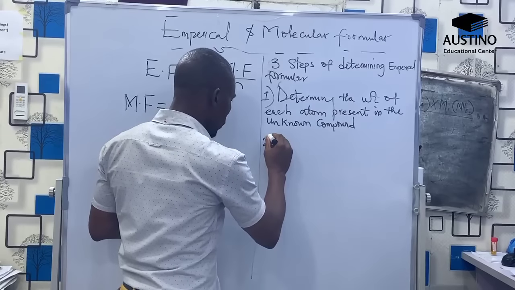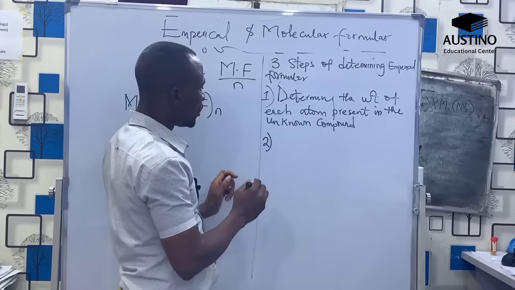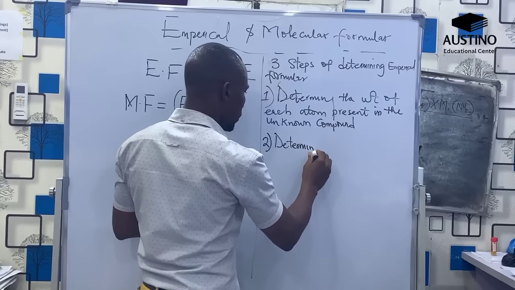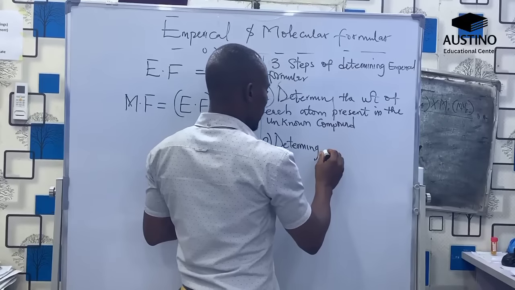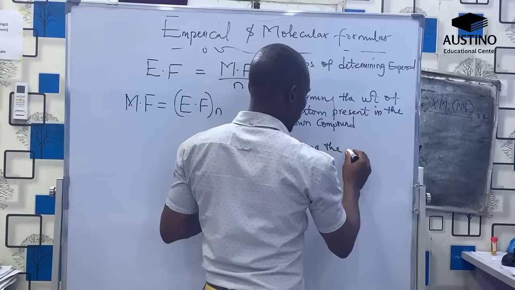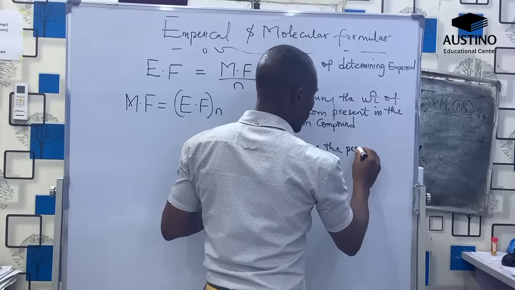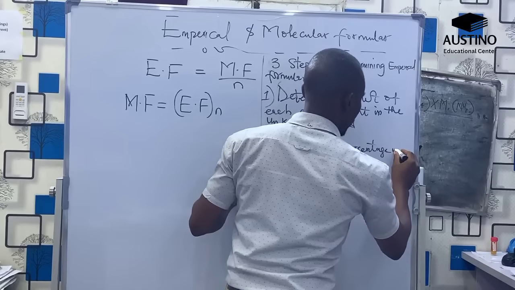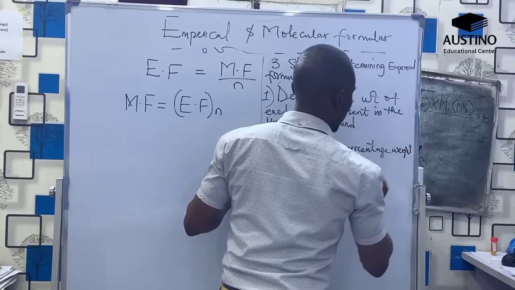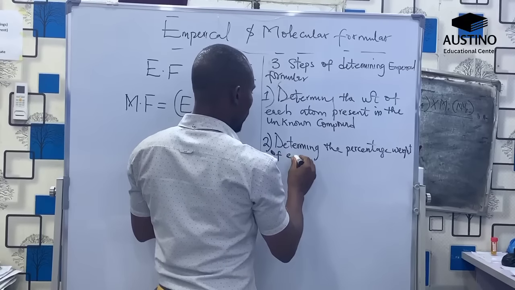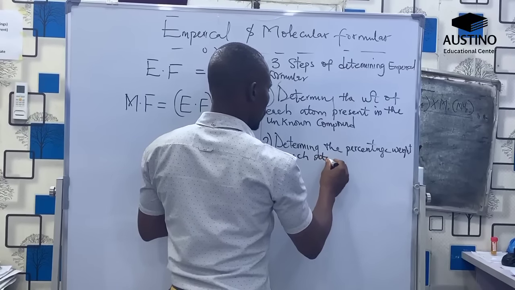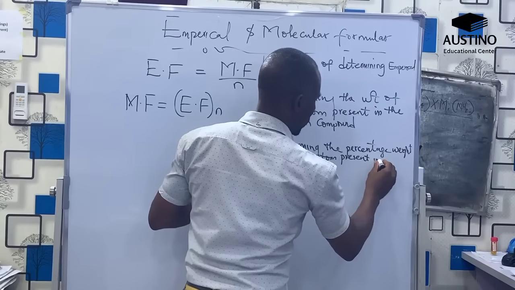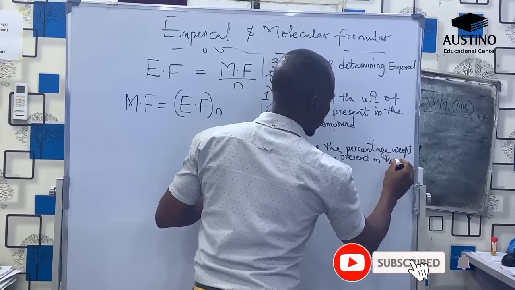Number 2 is to determine the percentage weight of each atom present in the unknown compound.